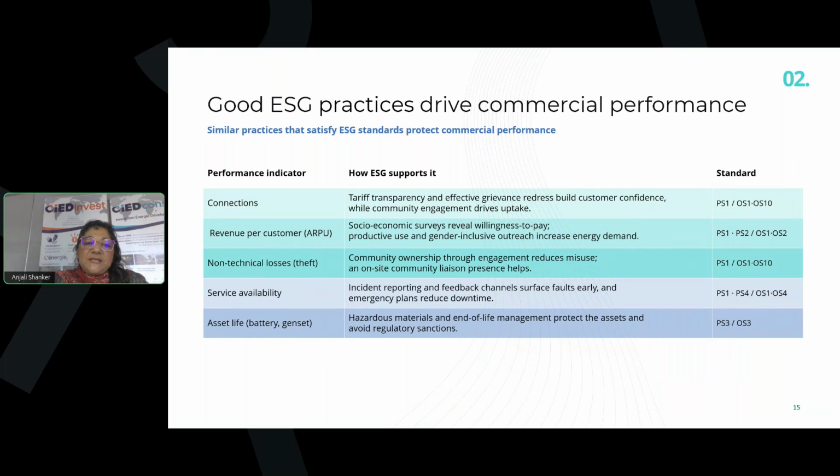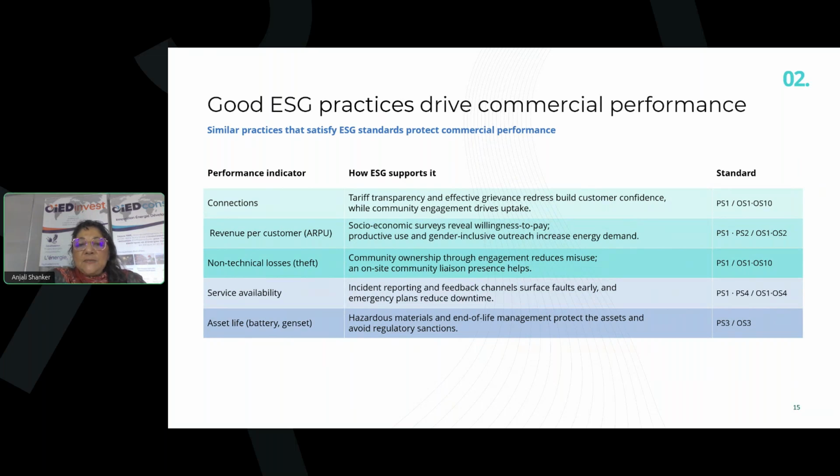Another performance indicator, of course, which is important for us, is the revenue per customer. So if right at the start we have a proper framework for doing the socioeconomic surveys, this will help in revealing willingness to pay. Not that developers don't do these surveys, but this is also a convergence of the ESG requirements.